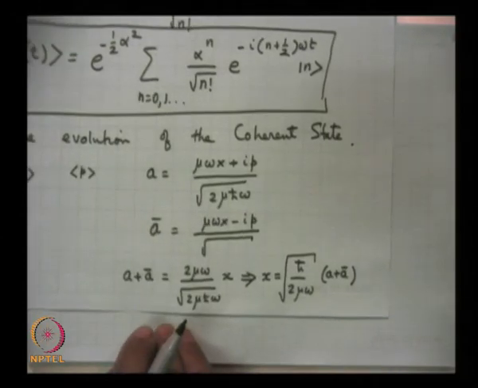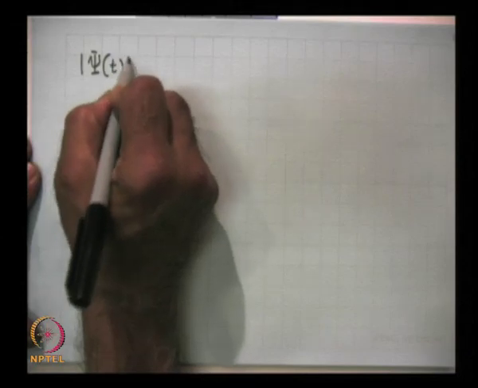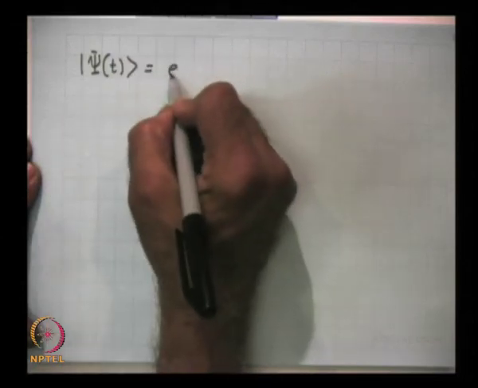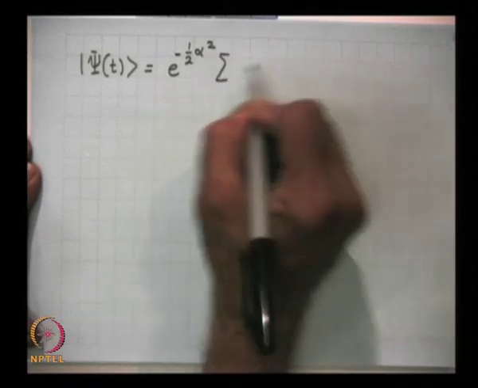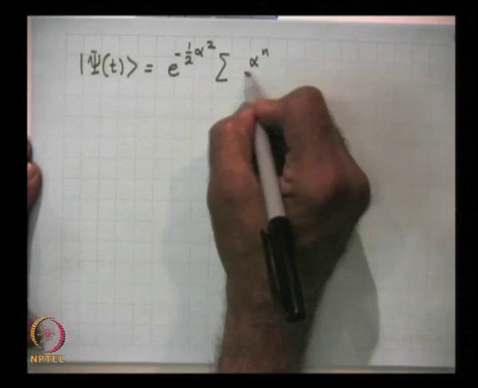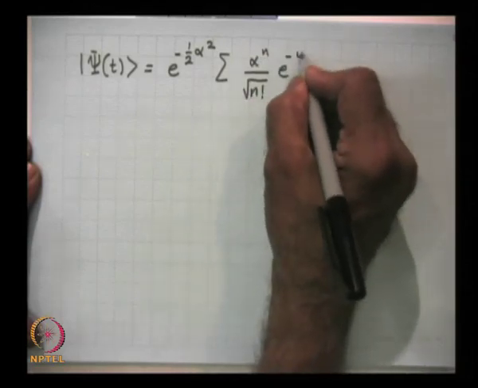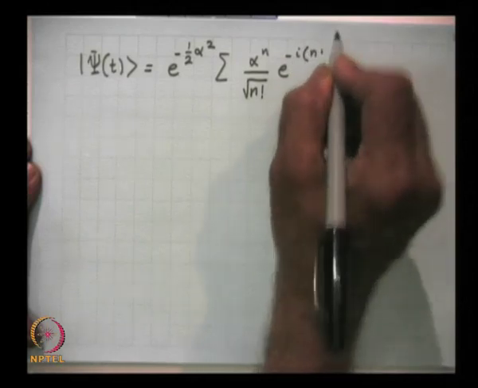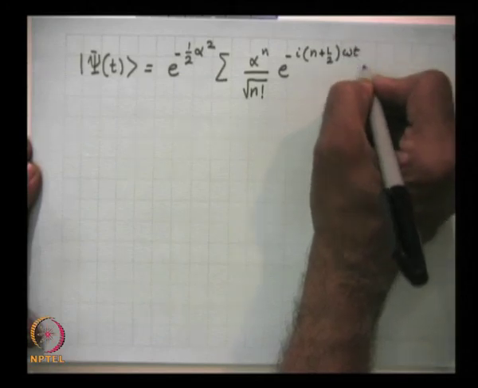So, let me rewrite this again. First I rewrite the time evolution of the coherent state. So, psi of t is equal to e to the power of minus half alpha square, summation (you do not have to write it down) alpha to the n by square root of n factorial, e to the power of minus i (n plus half) omega t, ket n.